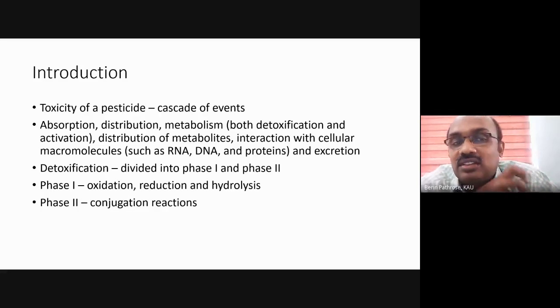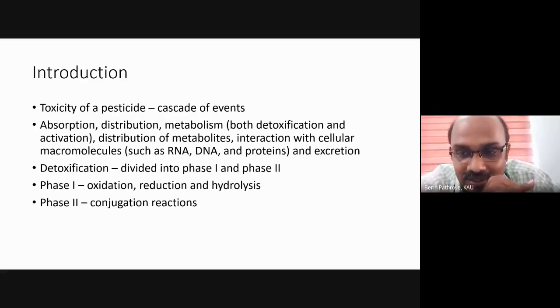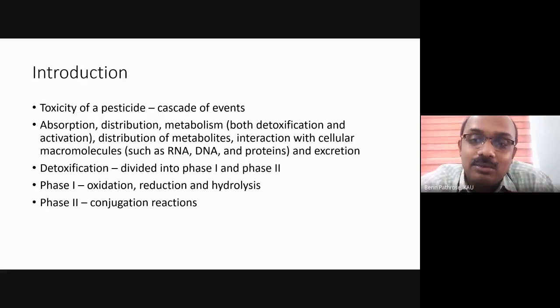That's why it is called a cascade of events. The first event is the absorption of the pesticide. If it is a contact insecticide, it has to be absorbed through the cuticle. If it is a stomach poison, it has to be absorbed in the digestive system.